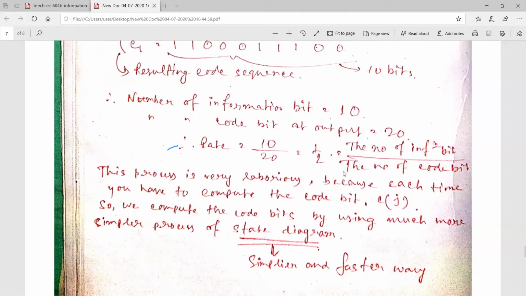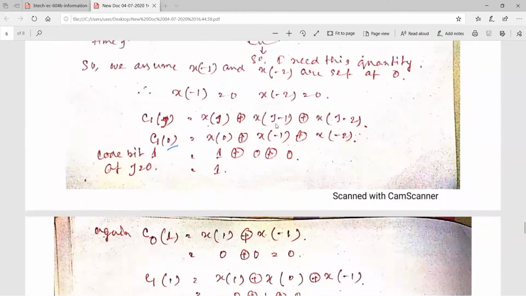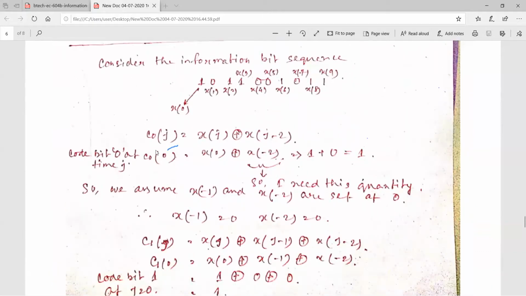Okay, because the code rate is basically half, always half. This process is very laborious because you see here that for C0j, the zero code bit of the j instant, j is basically starting from 0 to 9 or 0 to n.